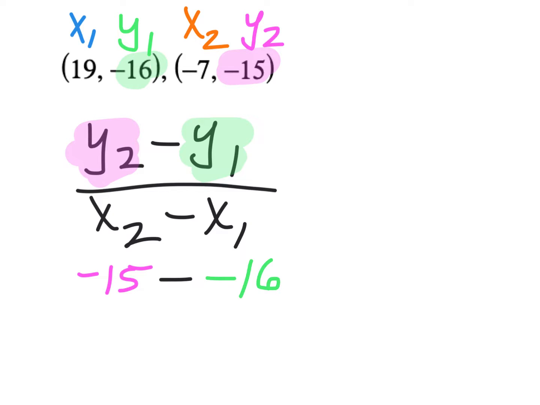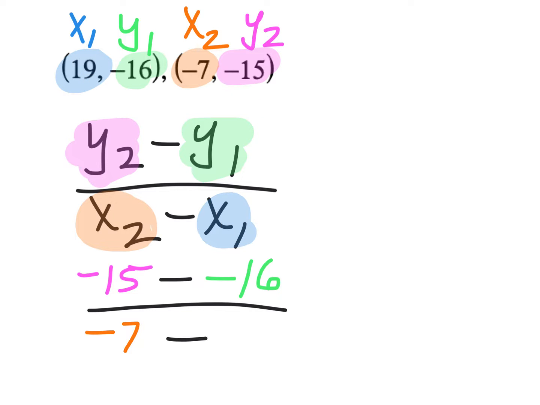So that's going to be important in just a second. And then I'm taking my second x coordinate, which in this case is negative 7, and I'm subtracting my first x coordinate. So that will be 19.